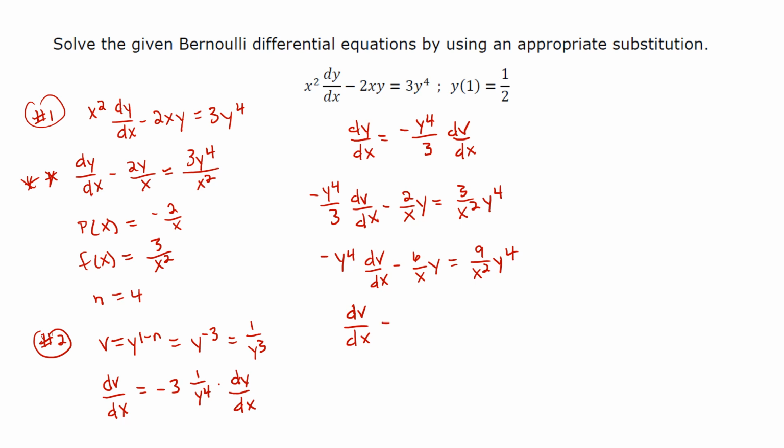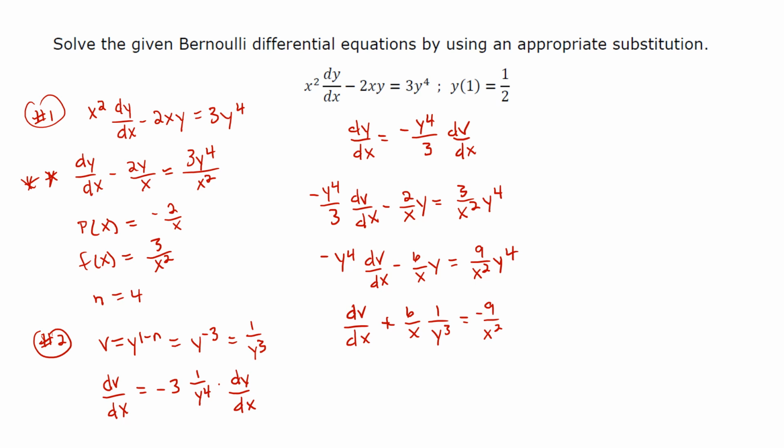So if we simplify this, if I divide by negative, that will make it positive, and then y over y to the 4th will give me 1 over y cubed. And then 9 over x squared, and if I divide by y to the 4th, that will cancel for 1, but it is negative.